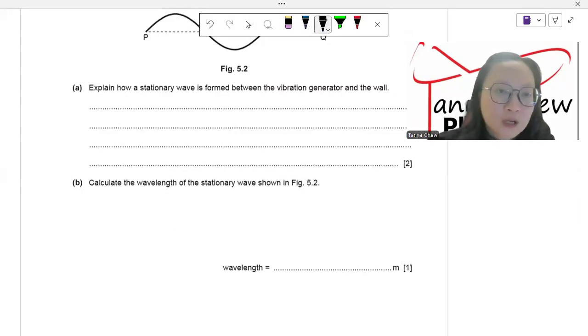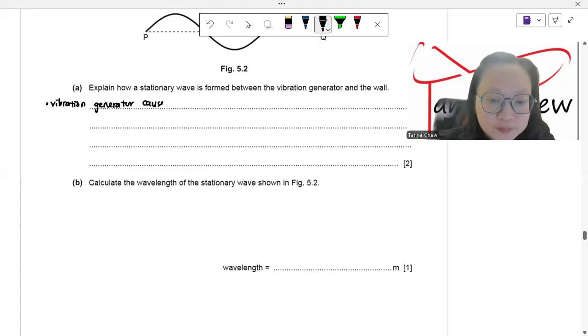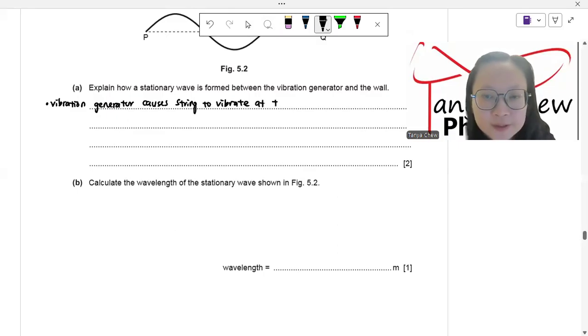First, vibration generator causes string to vibrate at the same frequency.